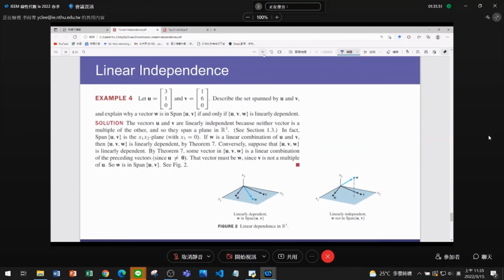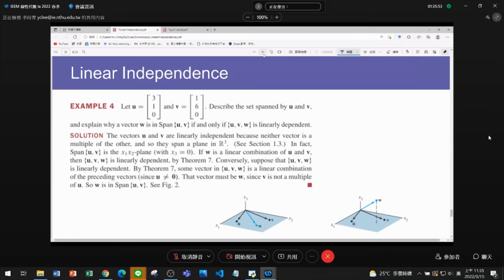Okay, in this example, we are given two vectors, and then we are asked to describe the set spanned by u and v. And then we need to explain why a vector w is in Span{u, v} if and only if {u, v, w} is linearly dependent.